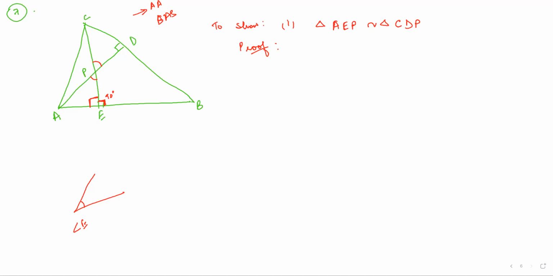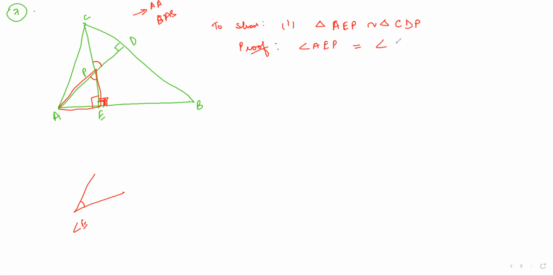Yes. Okay, see again, because I'm using triangle AEP, I need an angle which is inside it, not the outside one. So if this angle is 90 degrees, then obviously this is also 90, isn't it? Linear pair. So that means angle AEP is equal to 90. And which is the 90 angle in the other one?